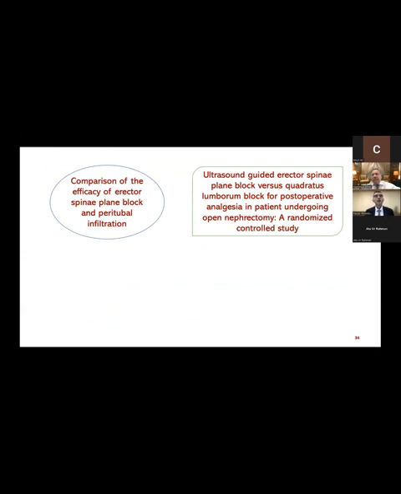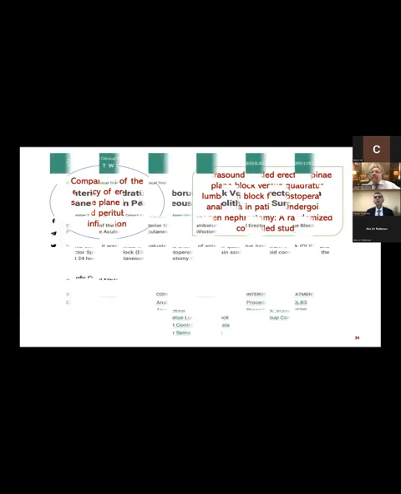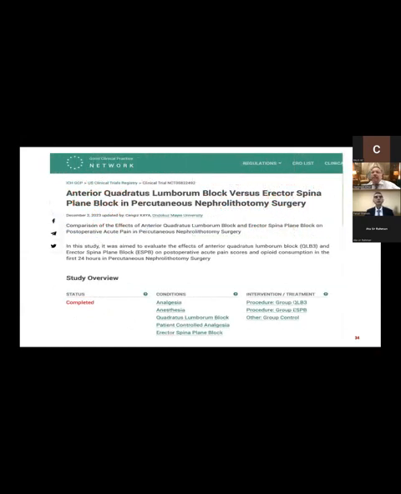So there are comparisons of the efficacy of erector spinae plane block with peritubal infiltration. There are comparisons, but only this one I could find, which is registered on a clinical trials site. So someone is doing a study on anterior quadratus lumborum block versus erector spinae plane block in percutaneous nephrolithotomy.